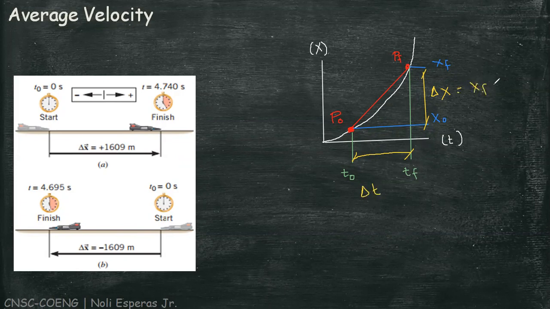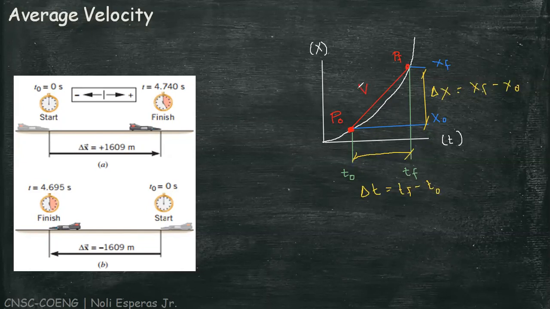The change in position is XF minus X naught, and the change in time is TF minus T naught. And we have here the velocity, which is the hypotenuse.